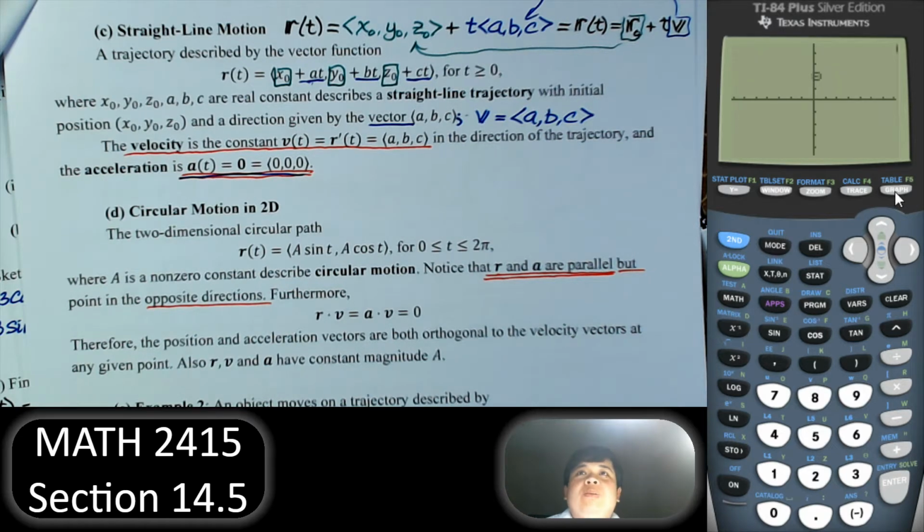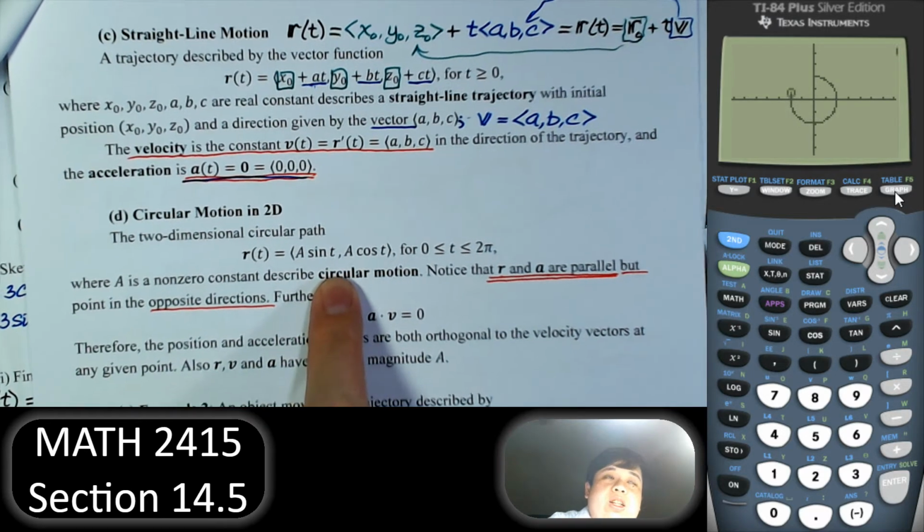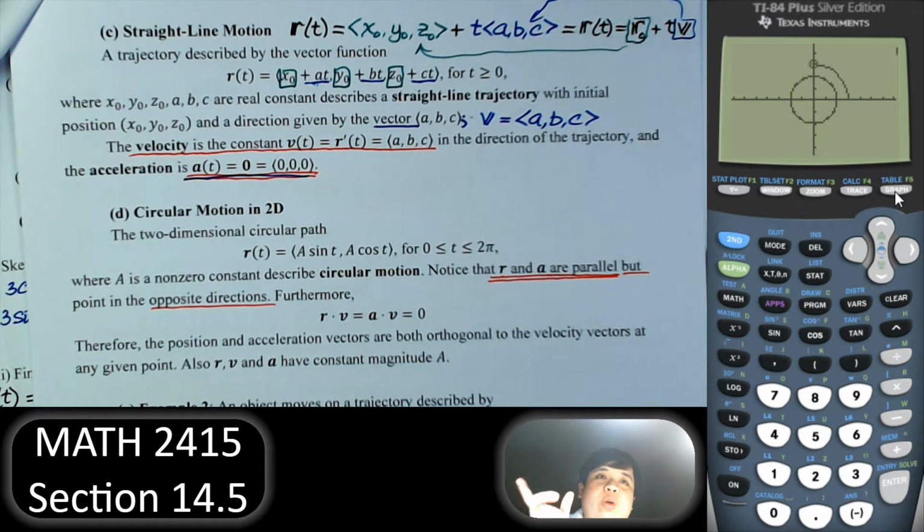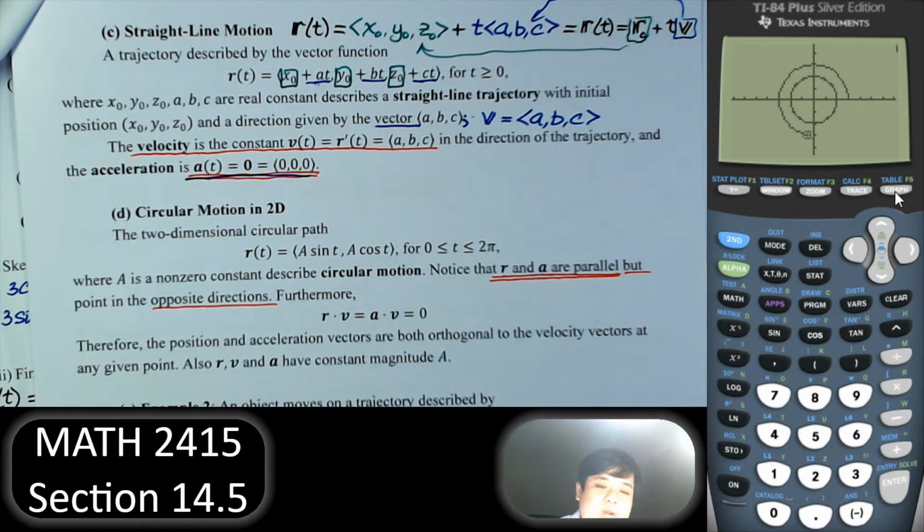Let's see. So the first circle starts from 12 o'clock and goes clockwise. So if we have this one, it is a circle starting at 12 o'clock and going clockwise. And this one starts at 3 o'clock and goes counterclockwise. But still a circle, right?